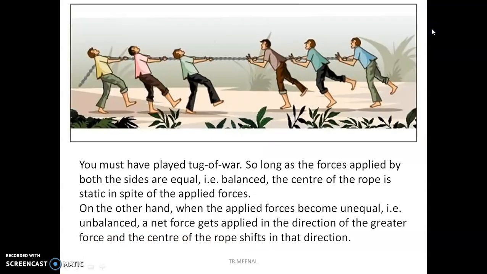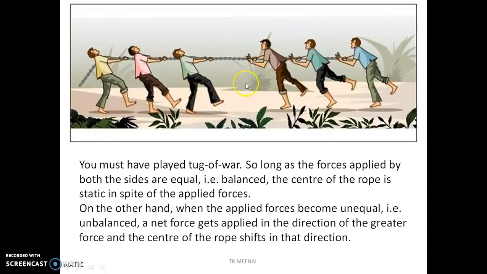You must have played tug-of-war. So, as long as the forces applied by both the sides are equal, that is balanced, the center of the rope is static in spite of the applied force. As you can see in the diagram, this is tug-of-war.